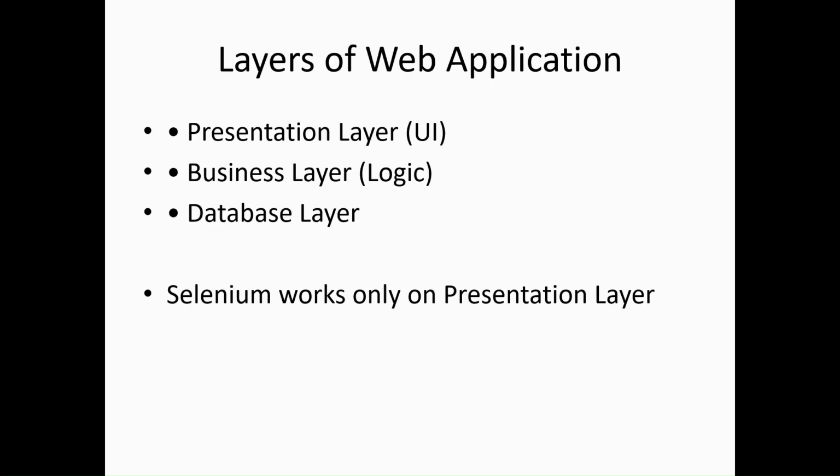Now let's go further and talk about the layers of a web application. Before we go deeper, it is very important to understand how a web application is structured, right? A web application generally has three layers. First is the presentation layer. This is the UI layer. As soon as you launch any website on a browser, the page which you see is called the presentation layer.